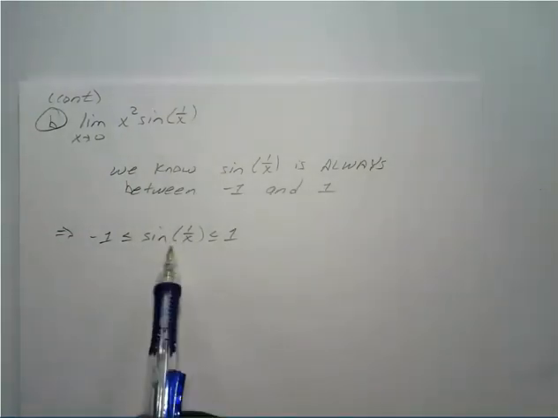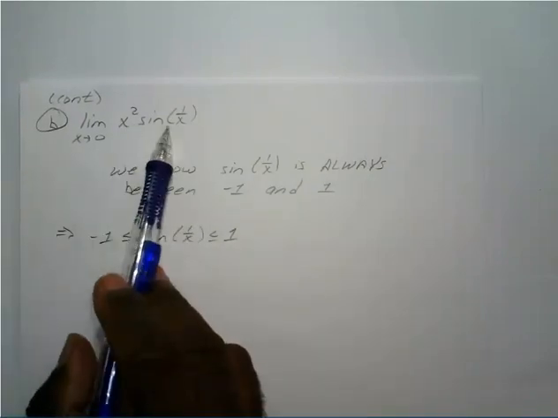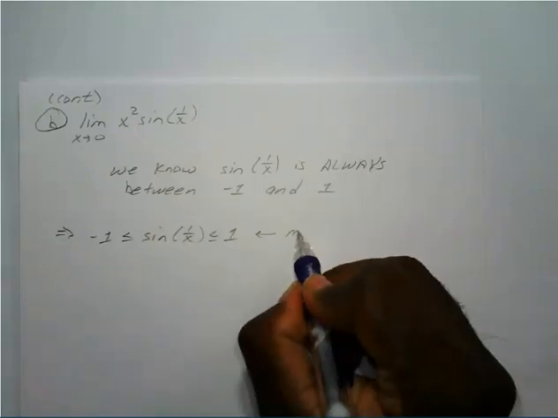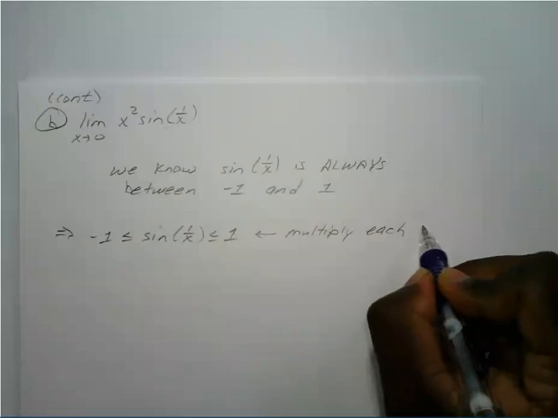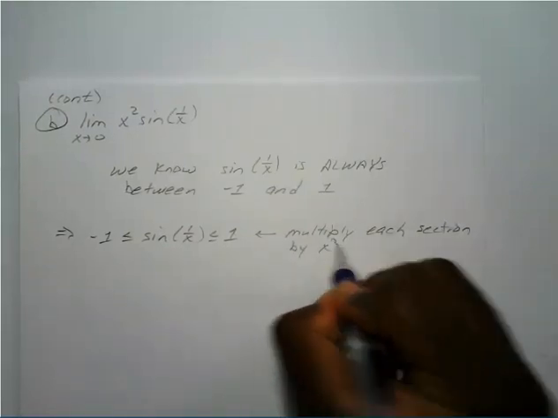That's all fine and dandy for sine 1 over x, but we need the limit of x squared sine 1 over x. So what do we do? We multiply each section by x squared.